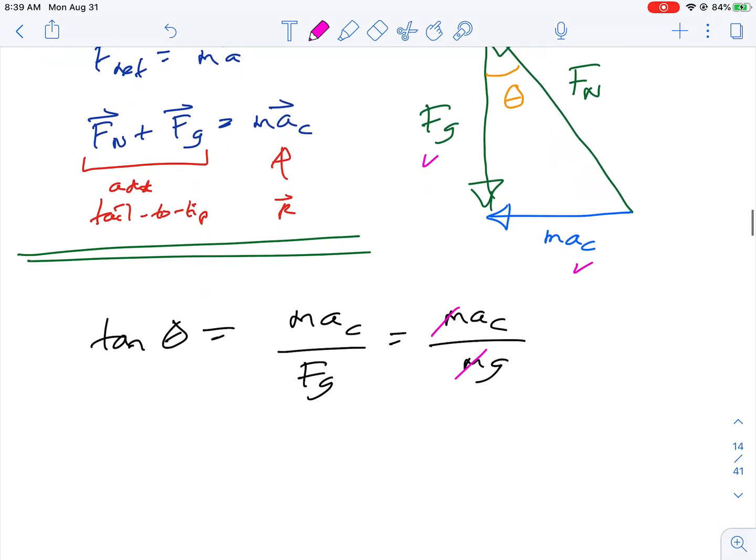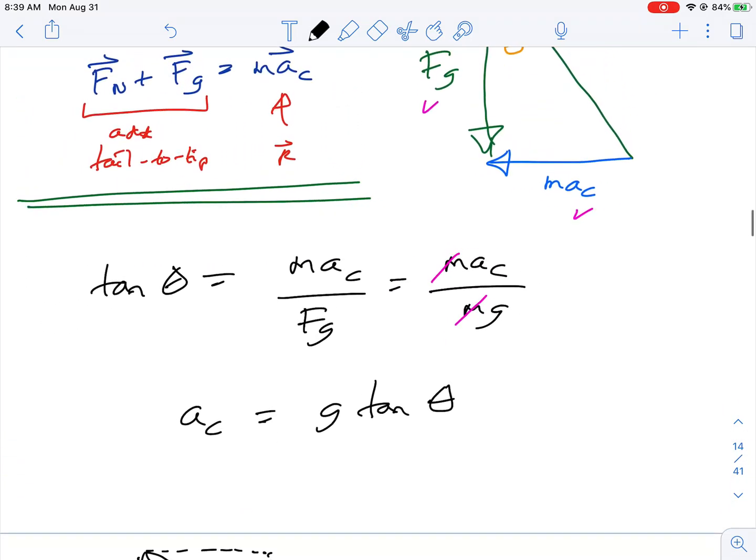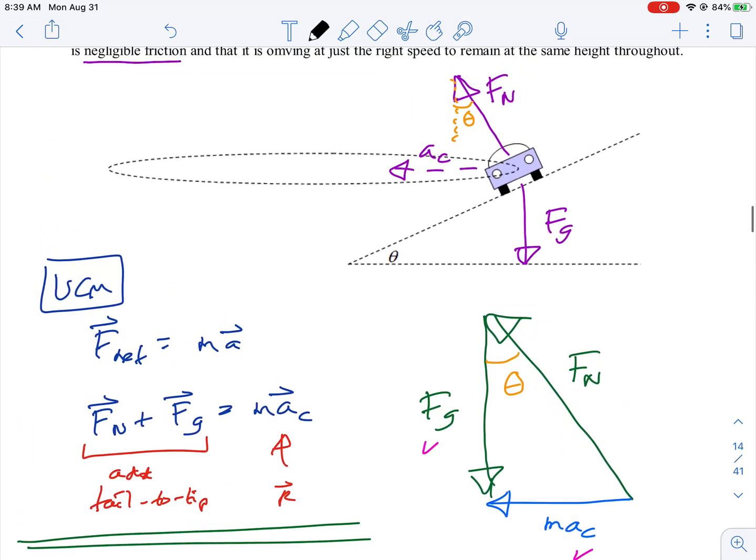And what we're left with, if we cross multiply, is the fact that AC will be equal to g tan theta. And if you want to bring in the AC formula, that would be v squared over r equal to g tan theta, and then you're on your way to solving. Good? So this is excellence level, a little bit harder.